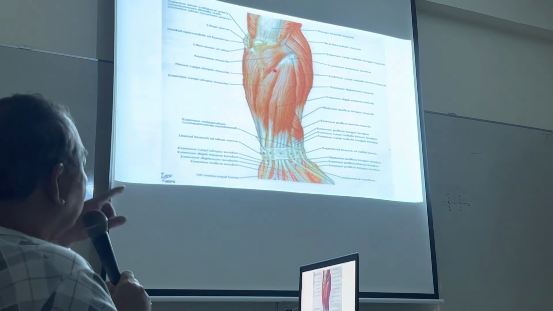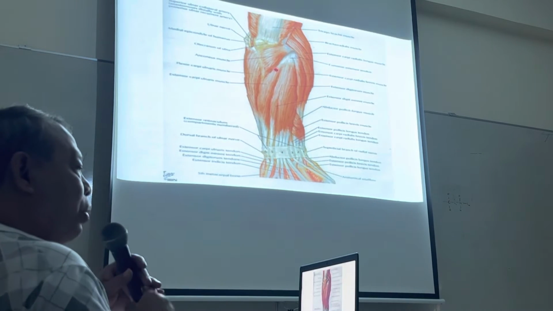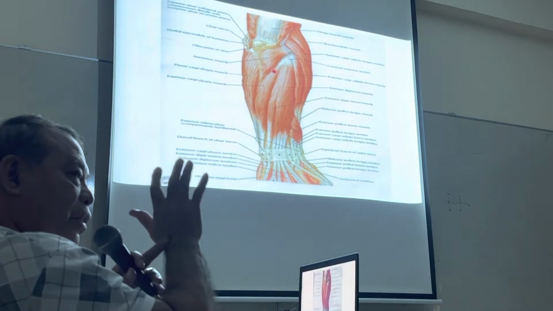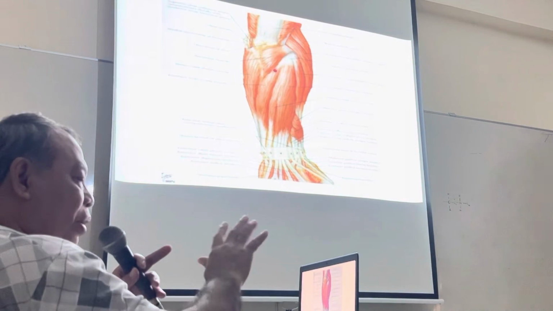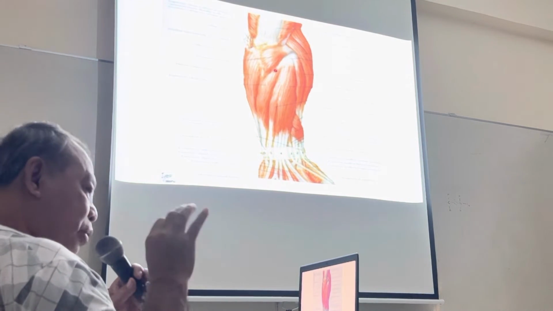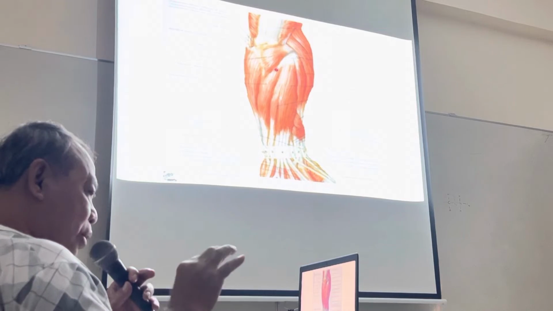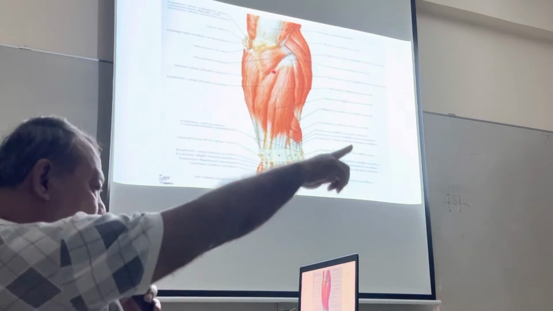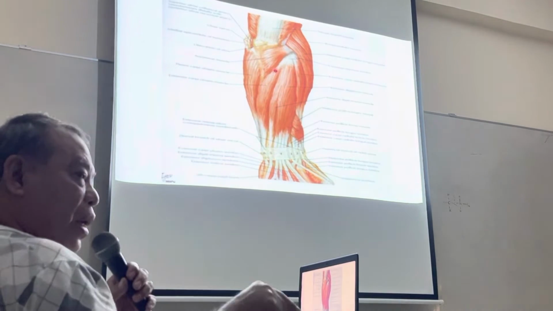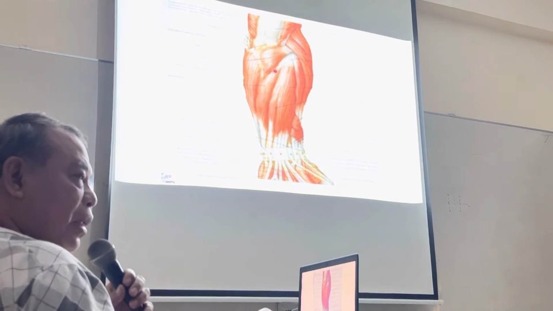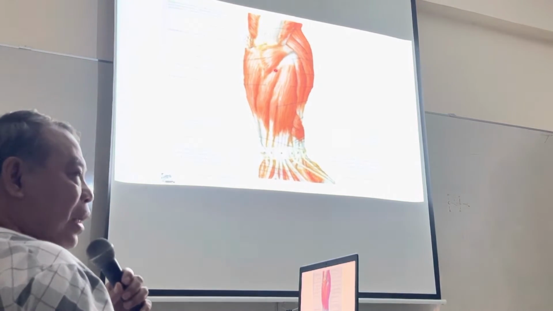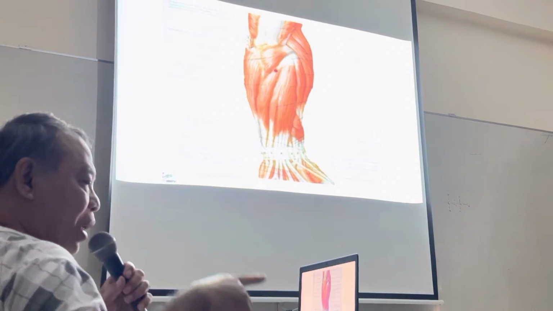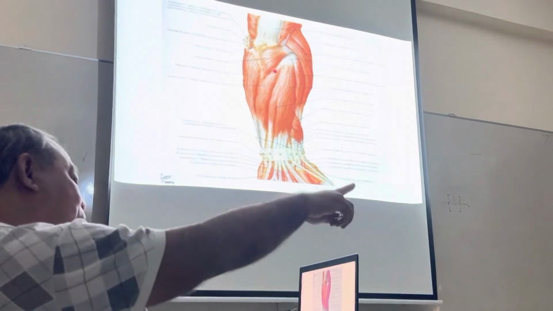Now take note, those that act on the digits will also act on the wrist. Those long extensor tendons, or even the long flexors, if they cross the wrist joint, they will act on the wrist joint.